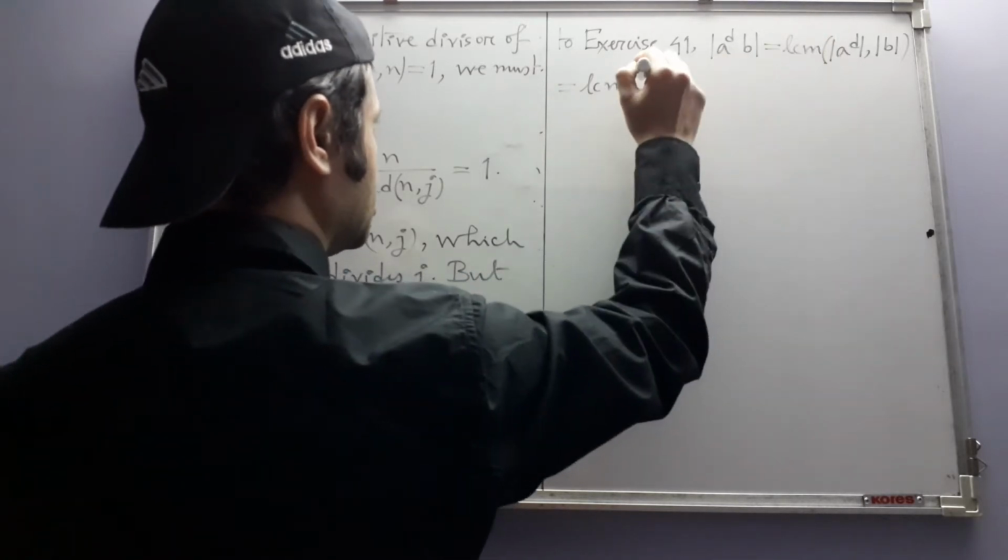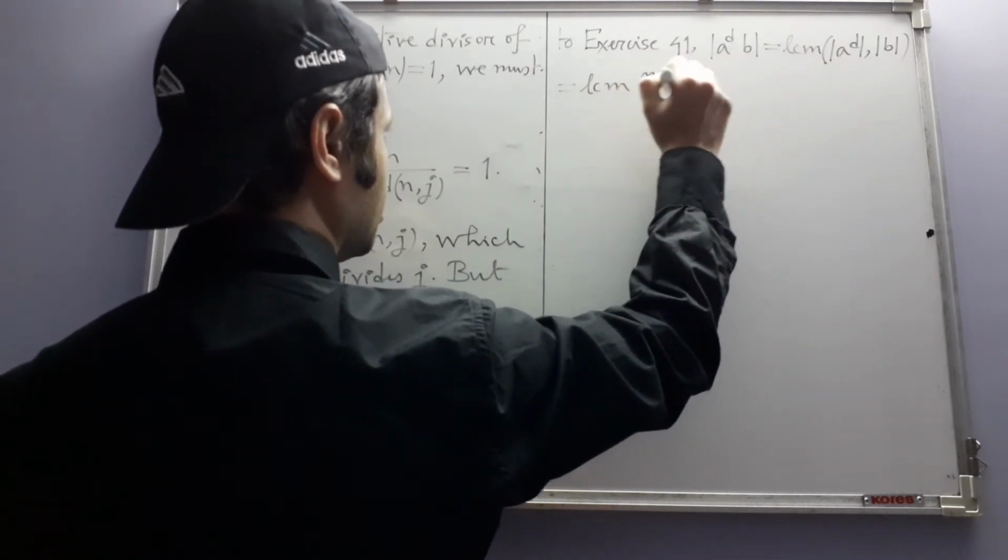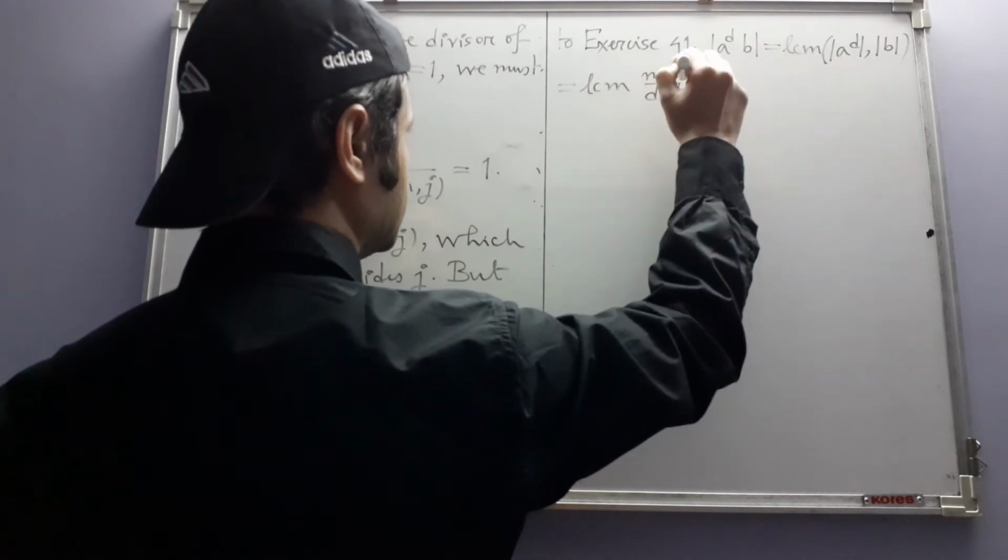This one we have already calculated. This is m divided by d and this one is n.